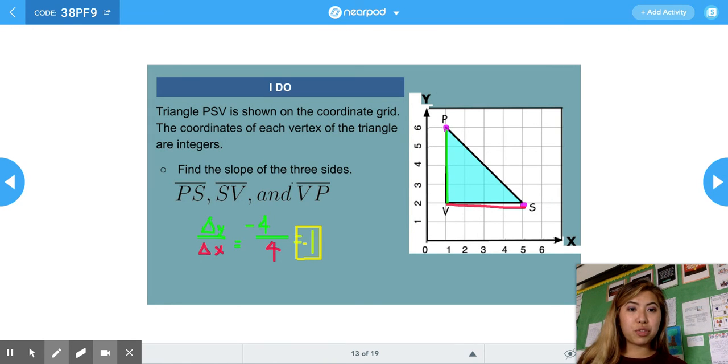For example, from here to here, we went down 1 unit and 1 unit to the right. The same from here to here, and from here to here.